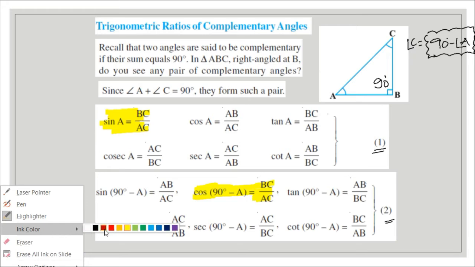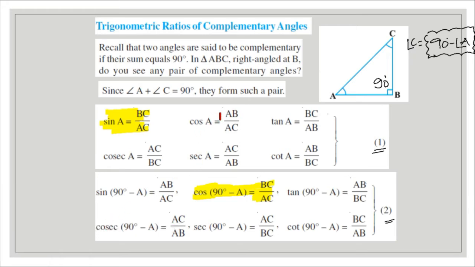In the same way, observe AB by AC. Sine of 90 minus angle A is AB by AC, which is cos of angle A. These two pairs are the complementary pairs.